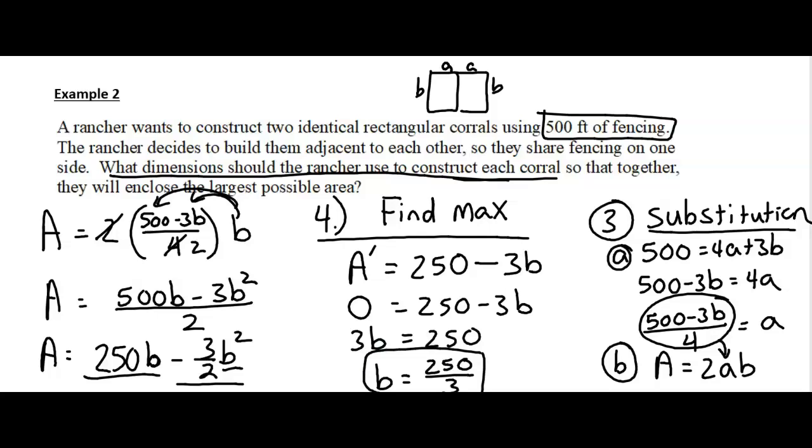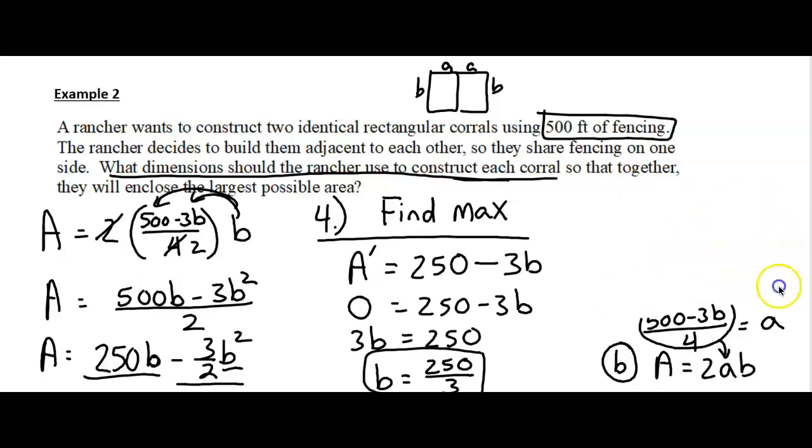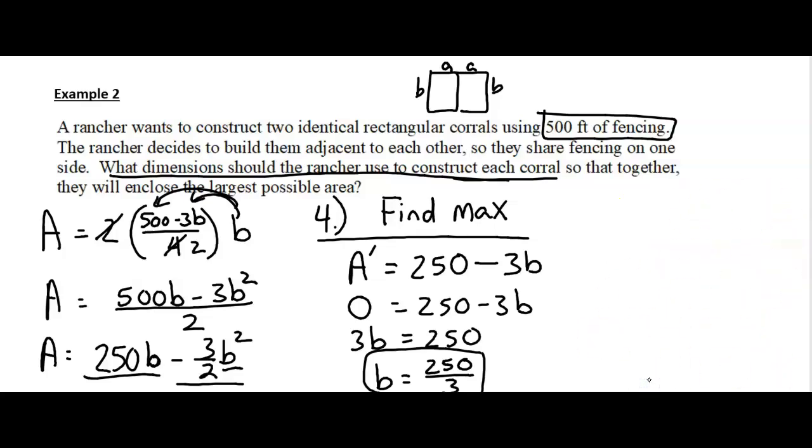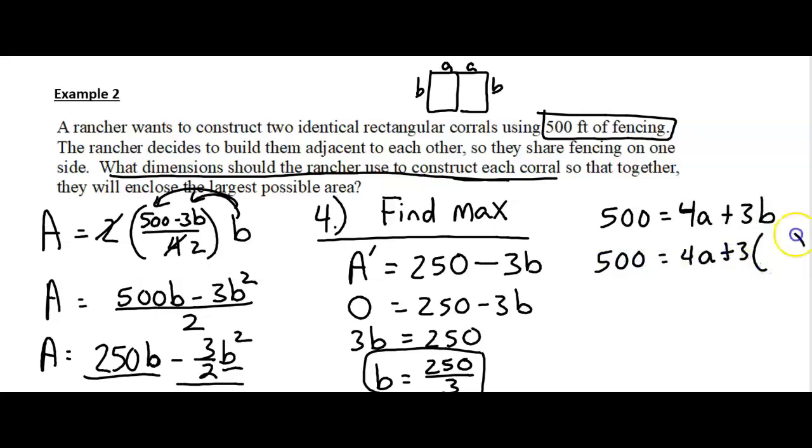So once again, to find the other variable, you're going to go back to your secondary equation, and plug in the one number that you do have so you can find the other number that you don't. So here's my secondary equation. It was 500 equals 4A plus 3b, and we just figured out that b was equal to 250 over 3, and that's pretty convenient because those 3's just cancel out.